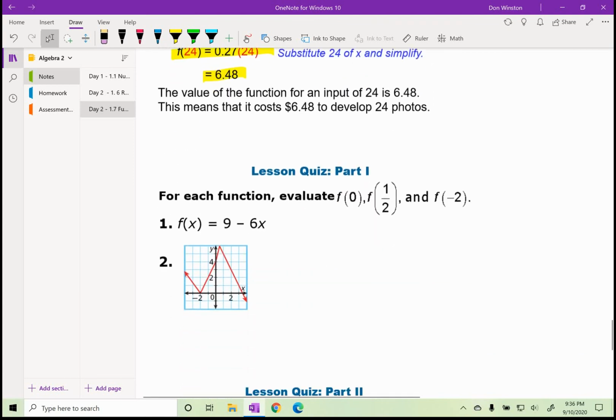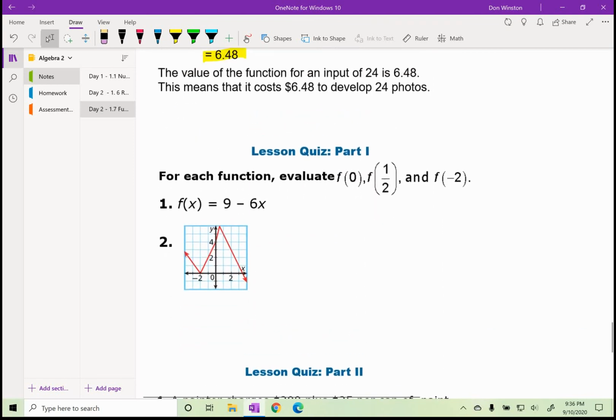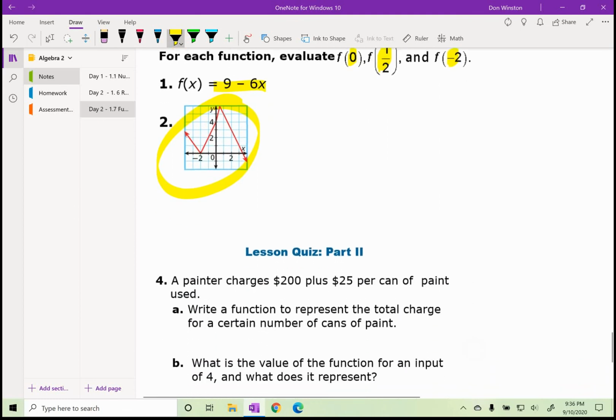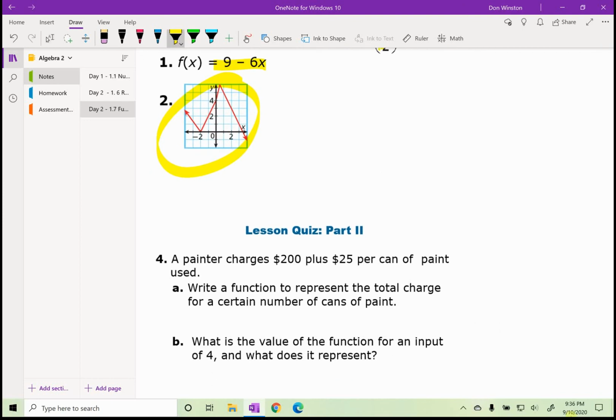So lesson quiz. You need to evaluate this function at 0, 1/2, and -2. And you also need to evaluate this function that they gave you at those same values. In lesson quiz part 3, a painter charges $200 plus 25 cents per can of paint. Write a function to represent the total charge for a certain number of cans of paint.